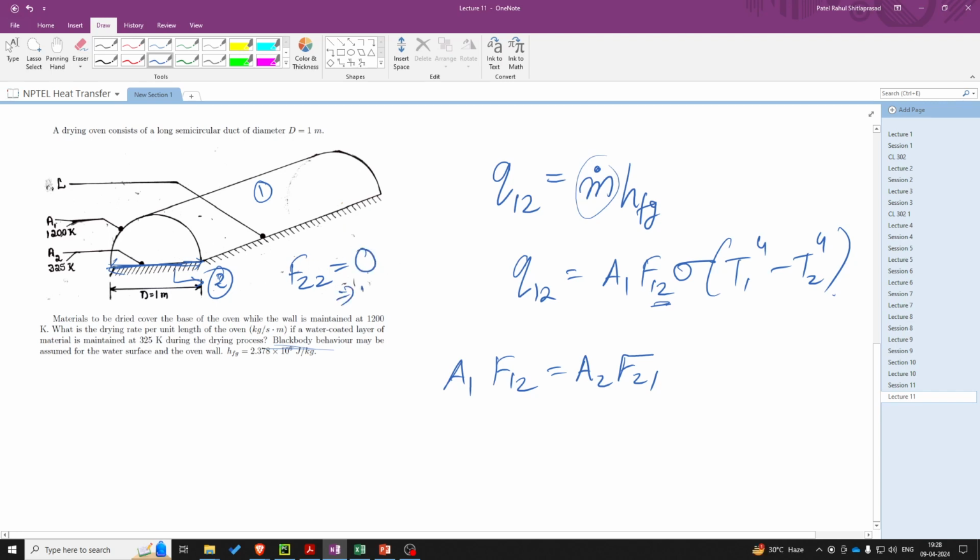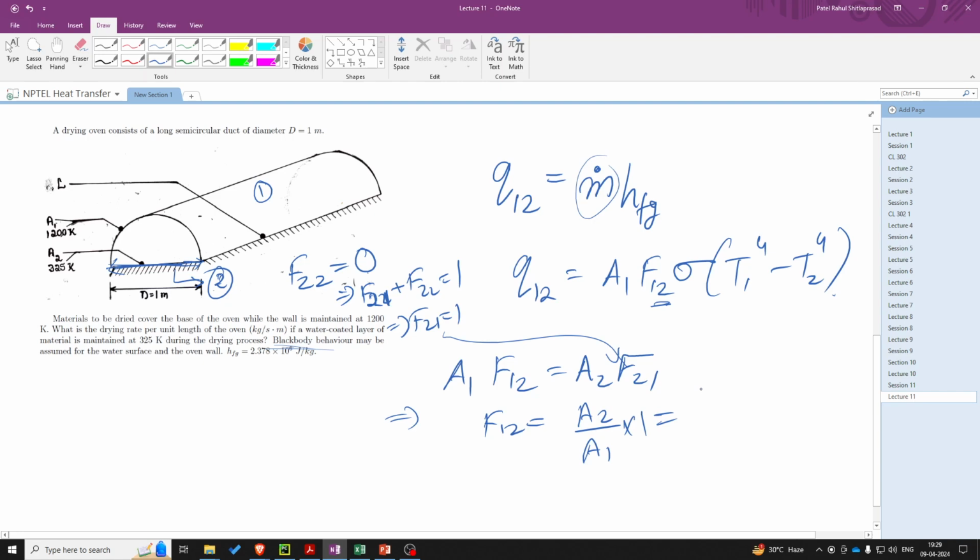So ultimately, F21 plus F22 will be equal to 1. From this, we can write F21 will be equal to 1. So if you put it over here, we get F12 is equal to A2 upon A1 into 1.